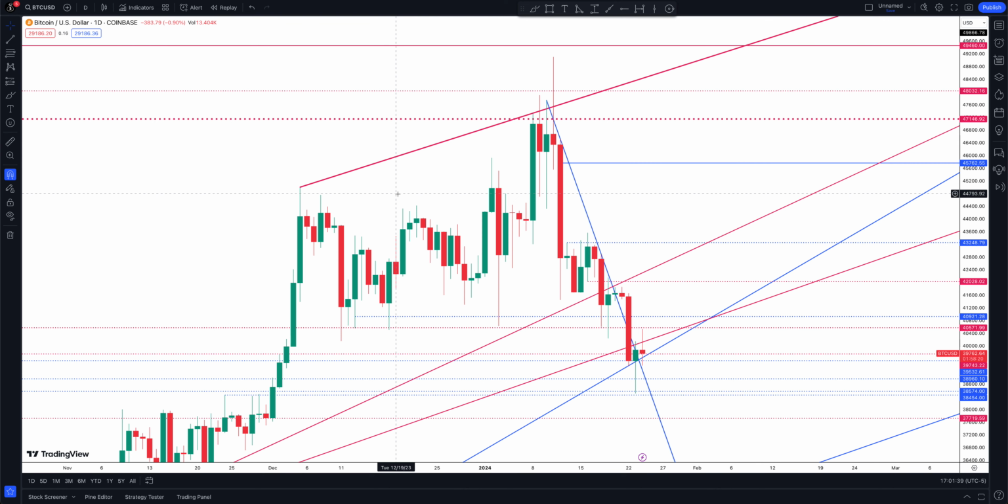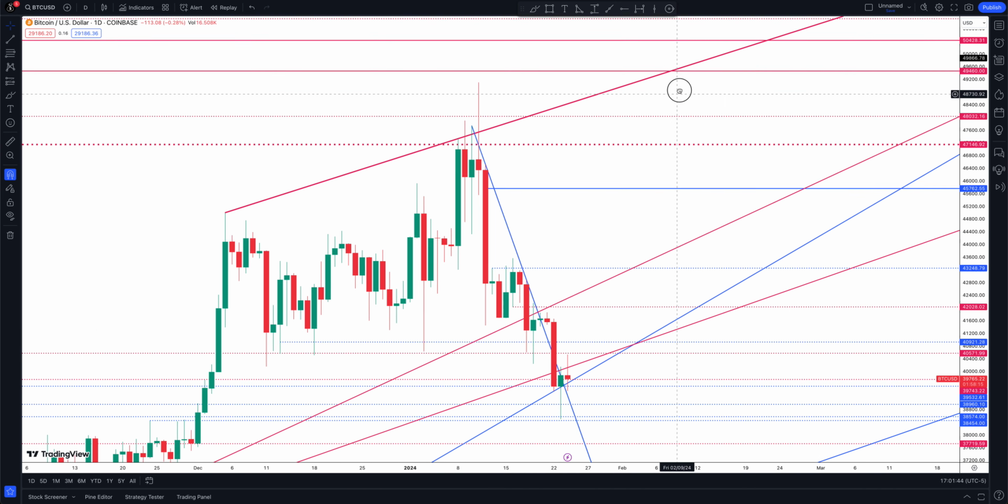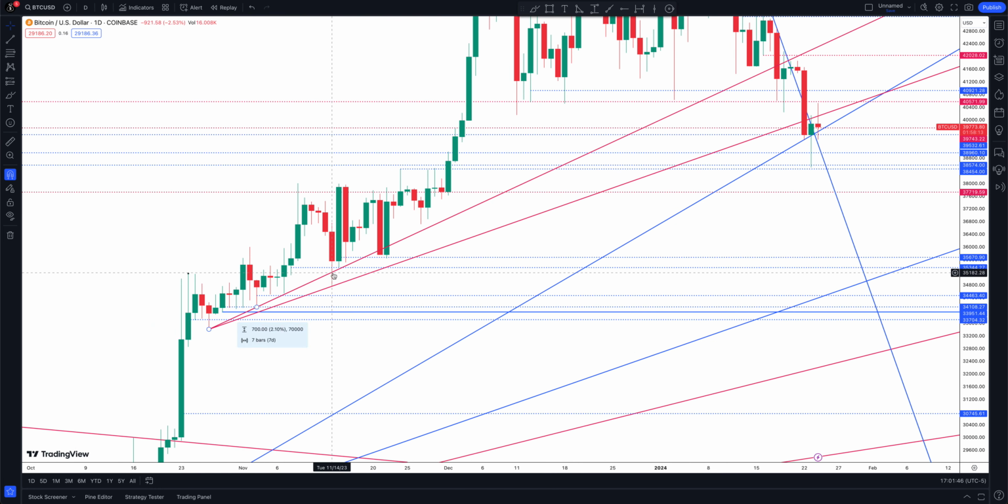So starting from left to right, we still have this uptrend that's still valid. Going down, even down here, we have two local uptrends that are supporting the structure. This first initial uptrend is this over here, which is pretty much a resistance now.